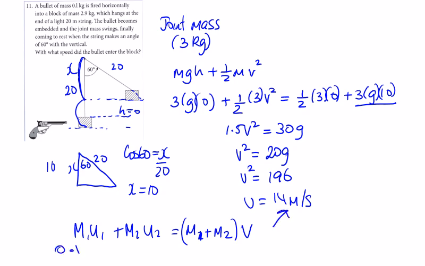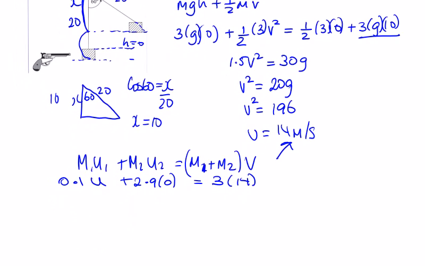So 0.1 by the initial speed, I'll just call it u, plus the 2.9 by the 0 was at rest. That's going to be equal to the 2 added together, which is 3 times the 14. So what do we end up with here? 0.1 u is equal to 42. So just multiply by 10. u is equal to 420 meters per second.